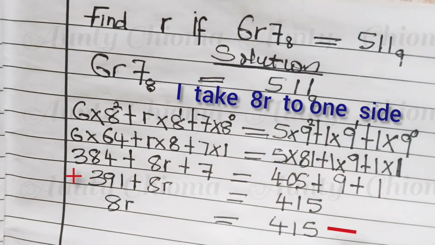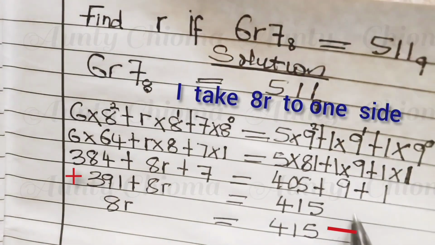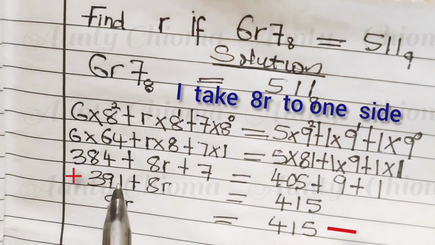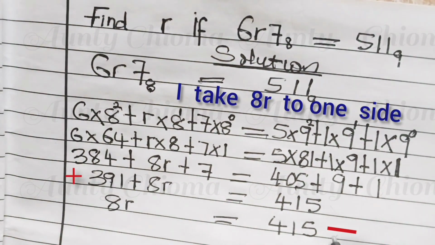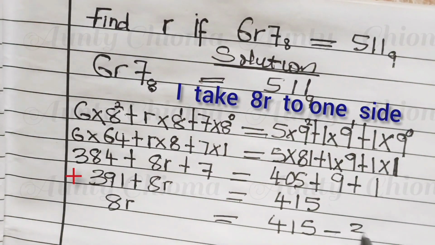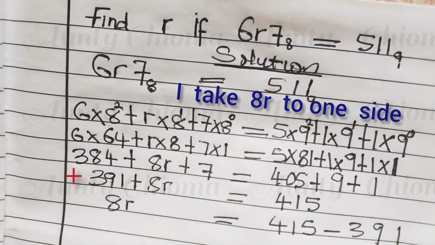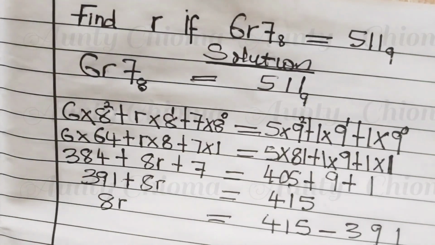So I say 415, carry this 391 to this side, becomes minus 391. Okay, I go on.